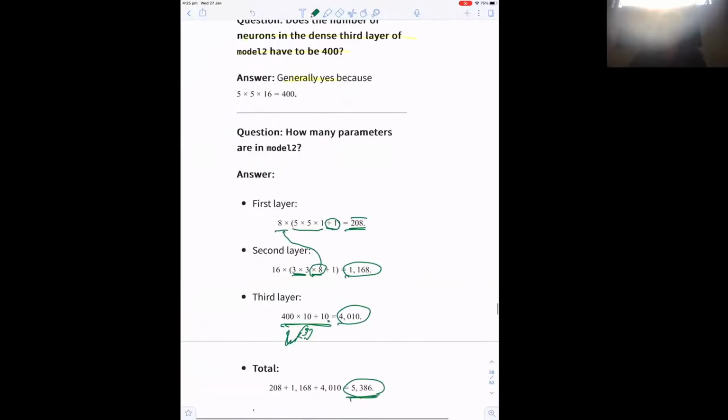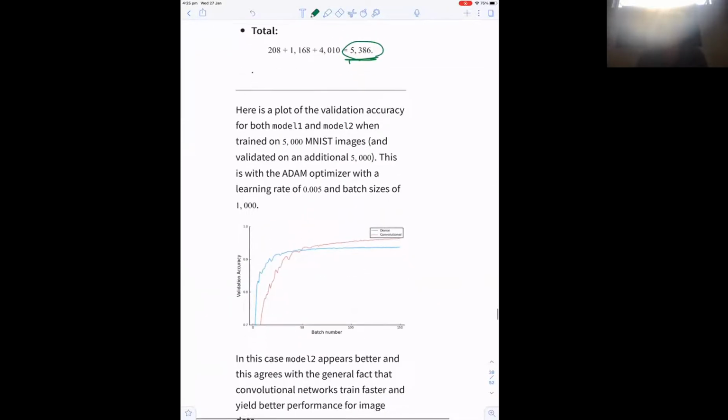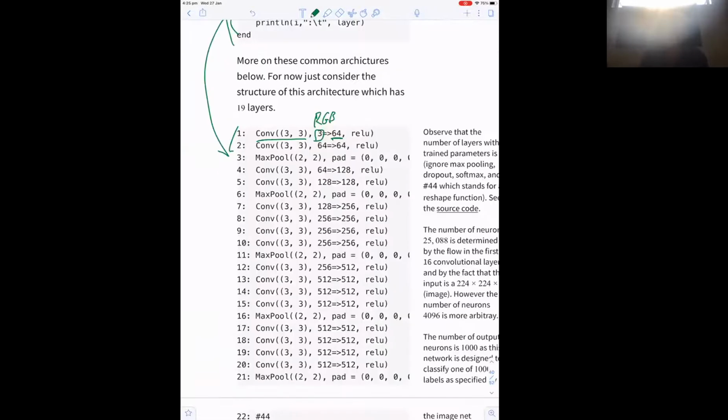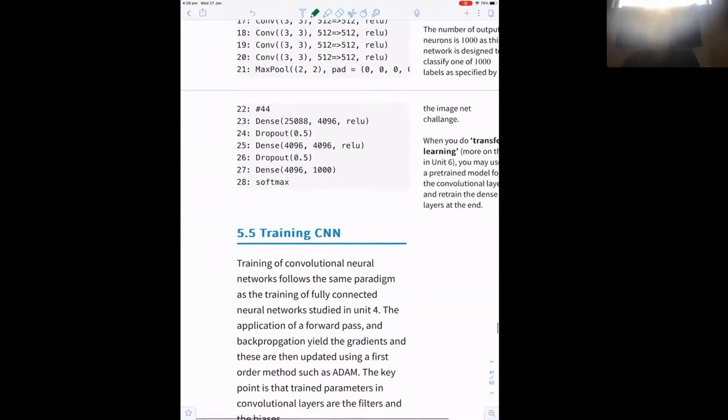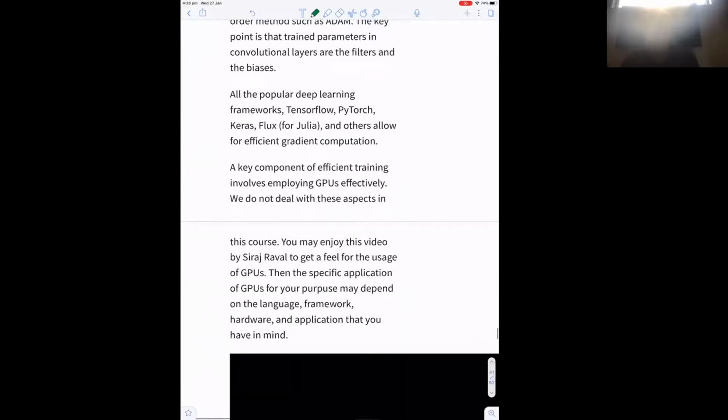So you've got RGB, and then we go to 64 channels. From 64 channels, we stay at 64 channels and run another convolutional layer. After these two layers, we do max pooling, so we cut the input size. The input size, we'll see at the bottom, is 224.